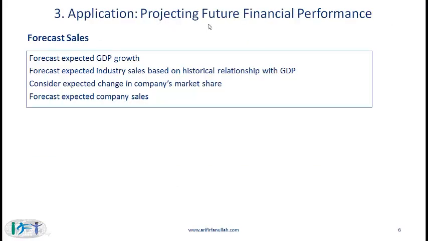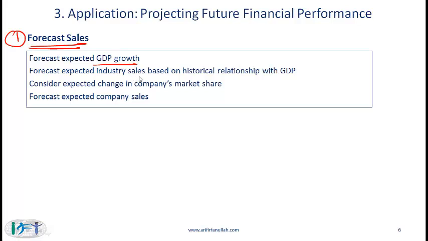Next, we talk about projecting future financial performance. The first thing we need to do is forecast sales for a company, and what is presented here is a simplistic way of forecasting sales. We first forecast the expected GDP growth. Then we forecast the expected industry sales based on historical relationship with GDP.